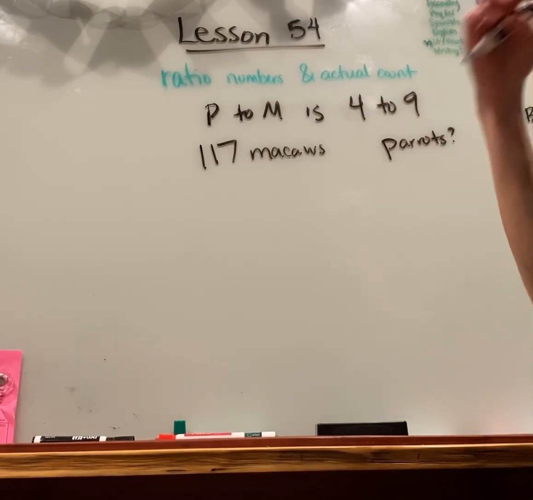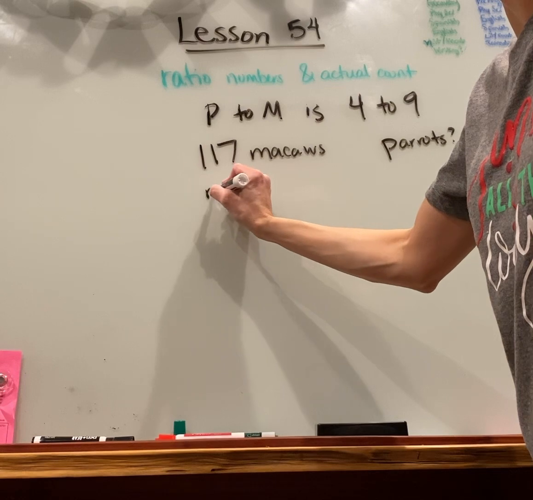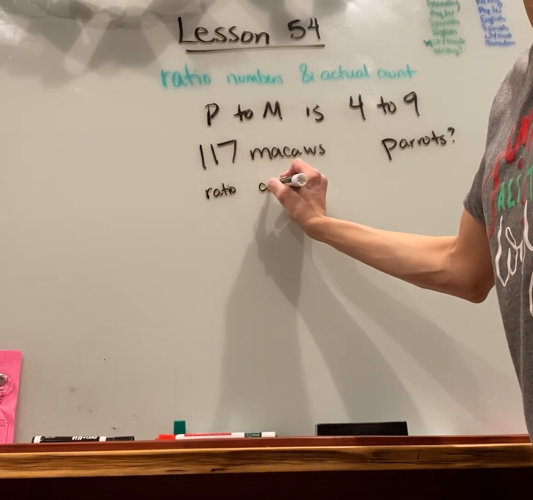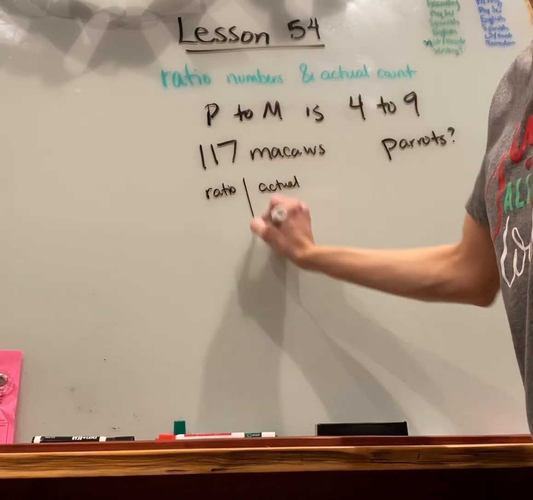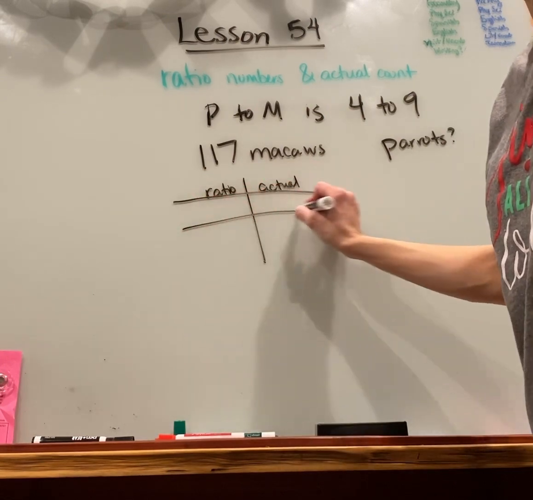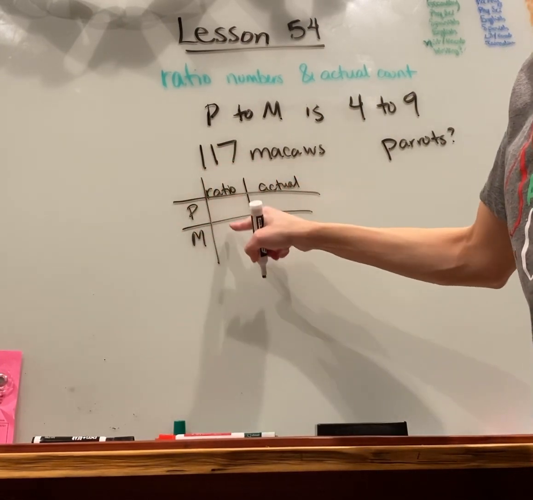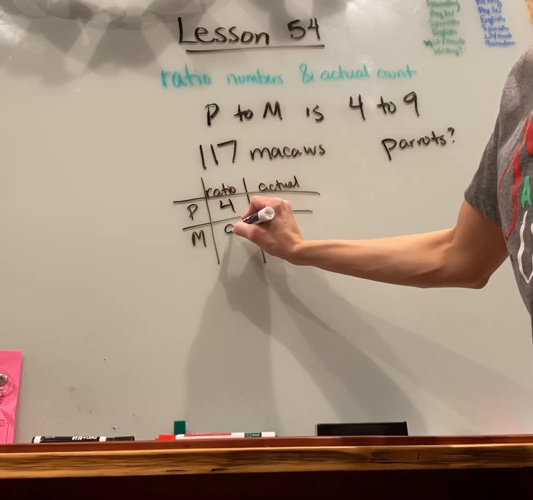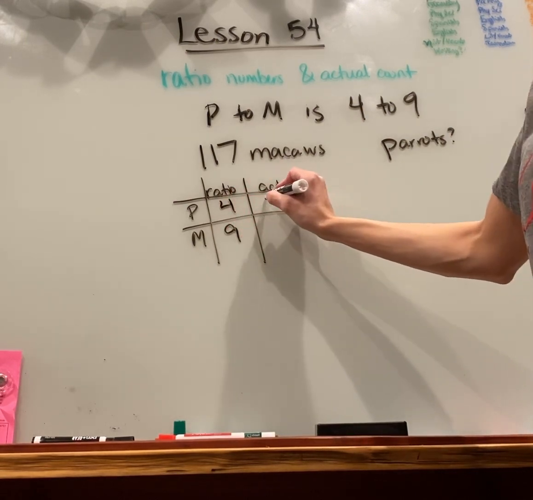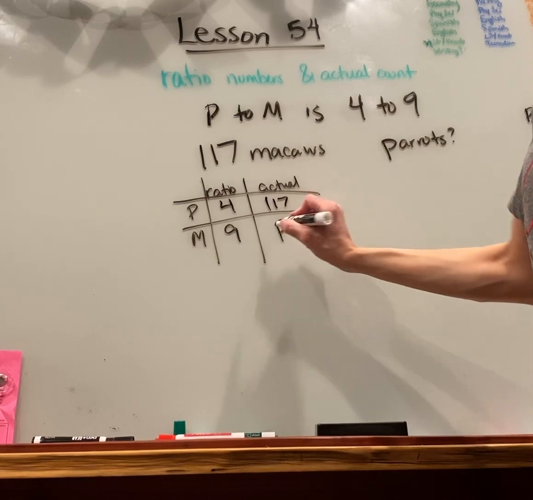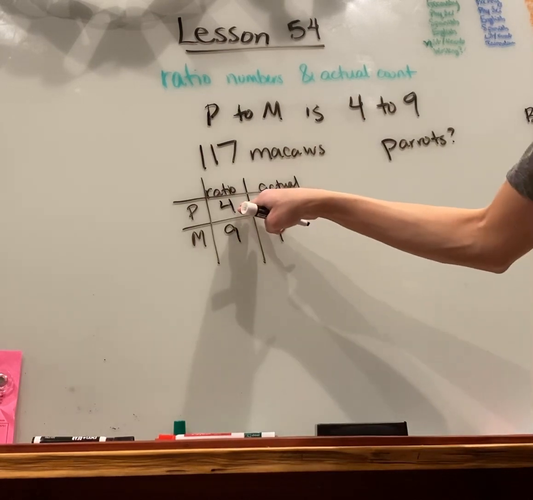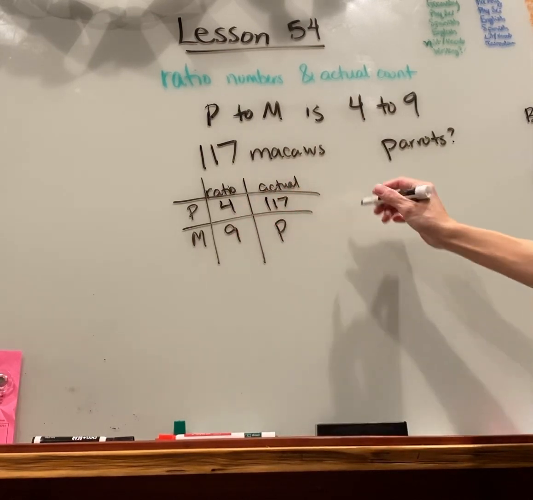So again, if I want to write in my table, I have my ratio and then my actual numbers. I have parrots and macaws. My ratio is 4 to 9. My actual is 117 to P. And then I can take these and write this as a fraction and this as a fraction.